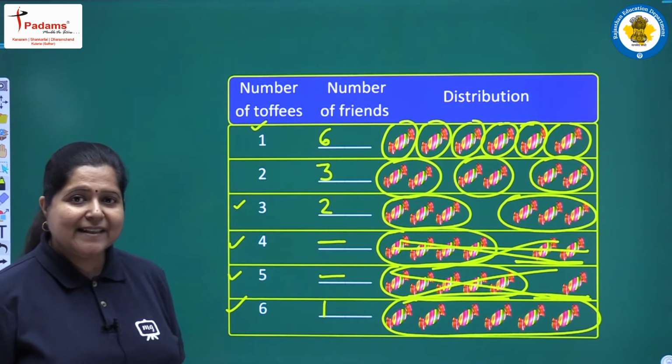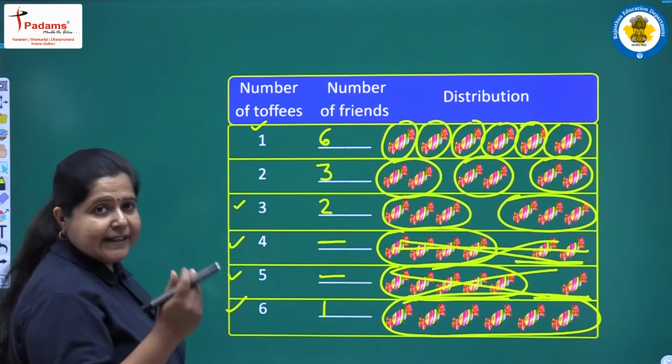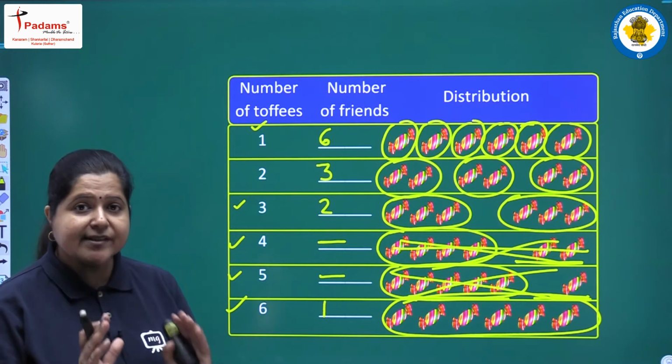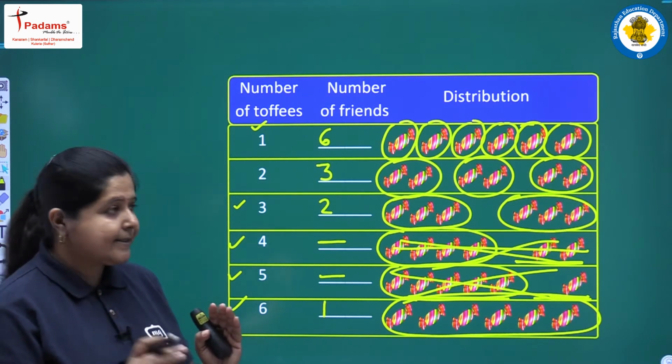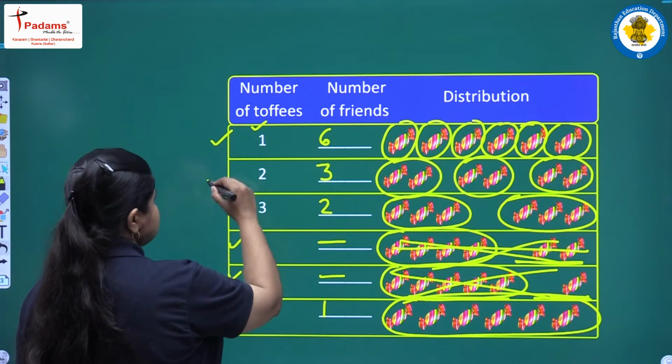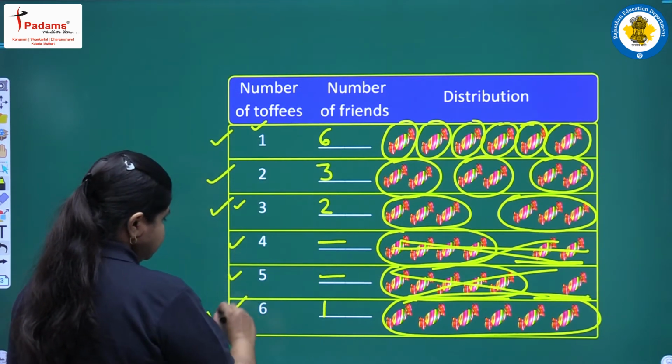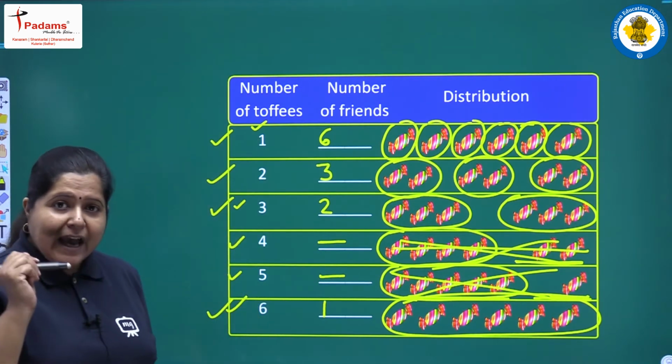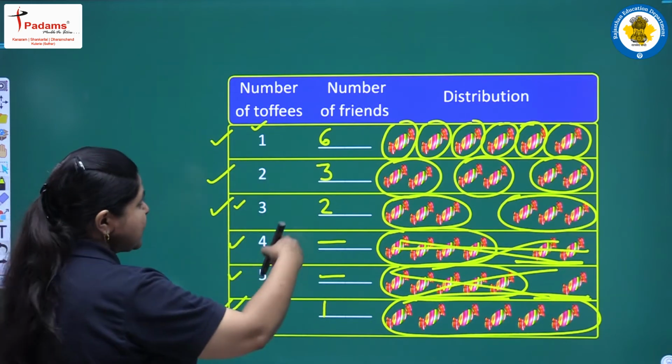So what we are seeing here is, we have distributed 6 toffees among our friends in these possible outcomes. And what are these possible outcomes?